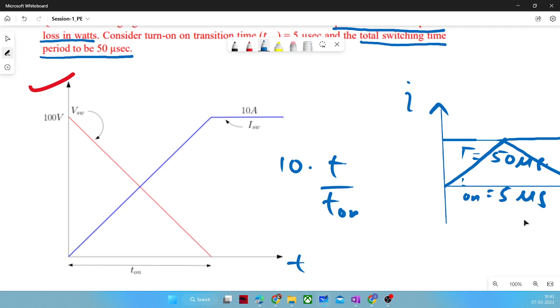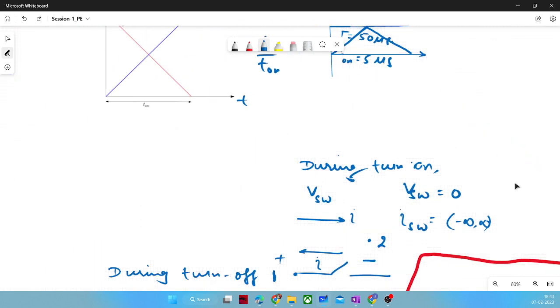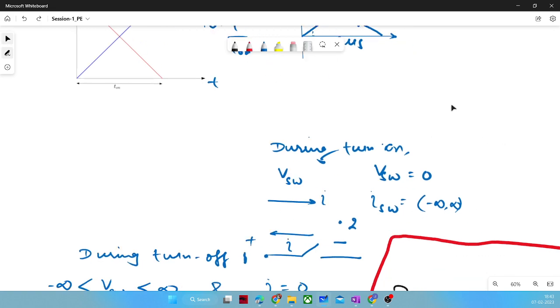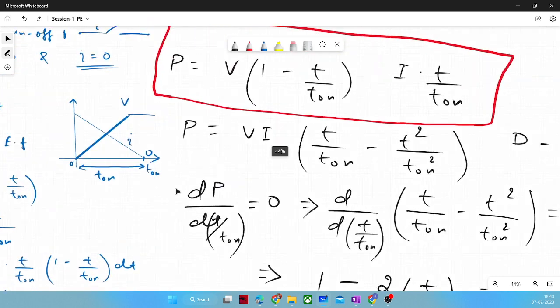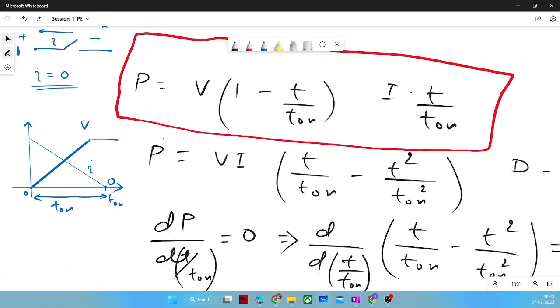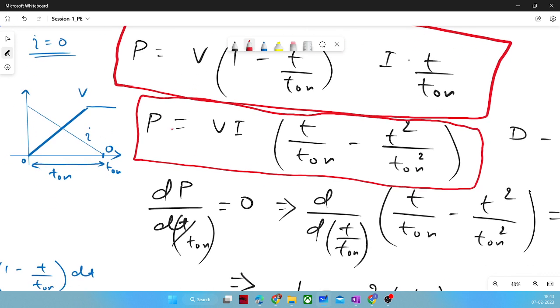So for that purpose, what I did, I just differentiated to obtain that maxima point. I differentiated it and I equated that to zero. This is the expression here. I differentiated with respect to t by t on, since those were the variables.